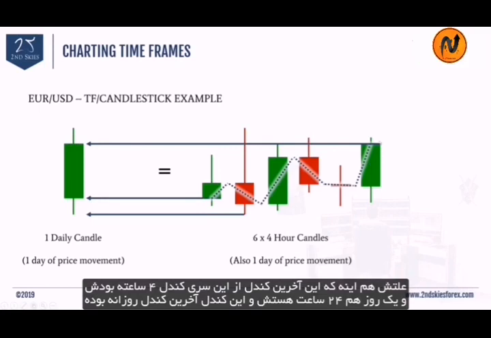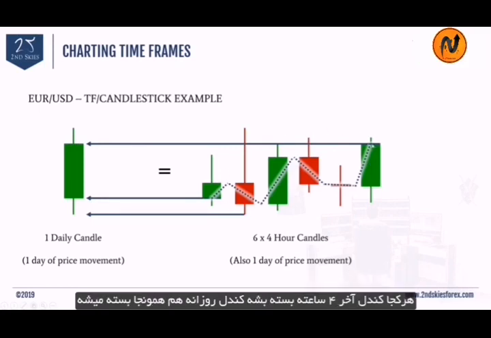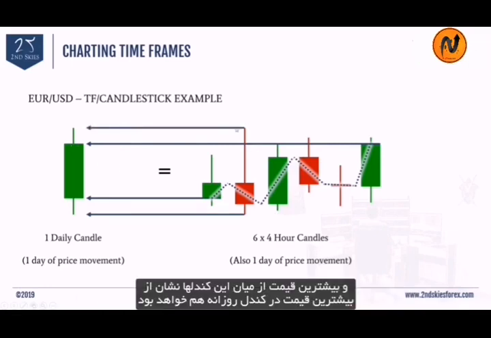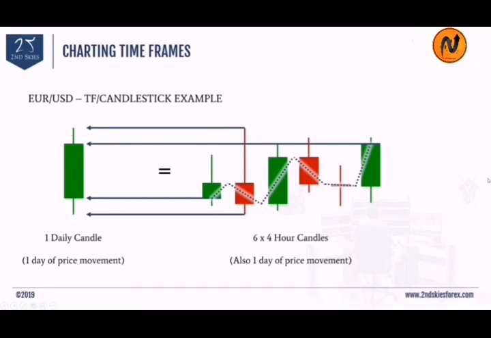It was 24 hours. So the trading day ended here, and the last 4-hour bar closed here. Thus, it's the same close price as the daily candle. And the highest high made in this entire series of 4-hour candles is up here, and that corresponds with the highest high of the daily candle.